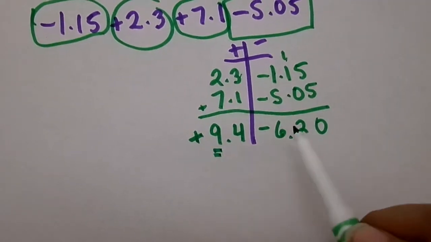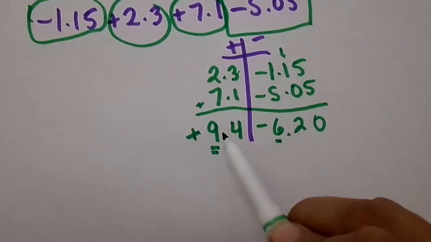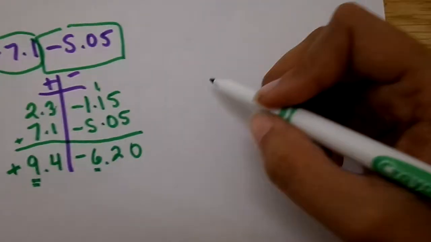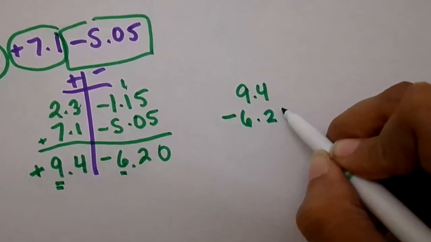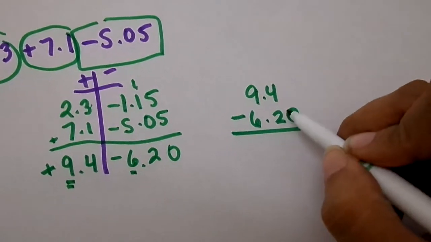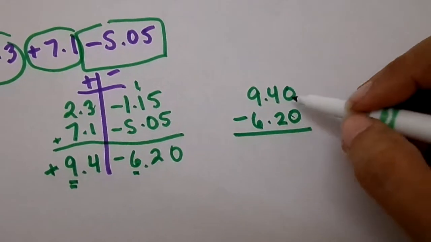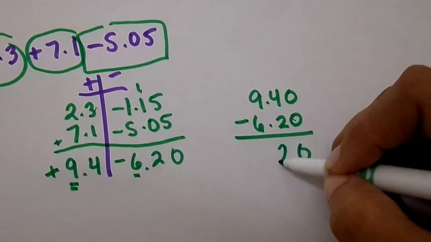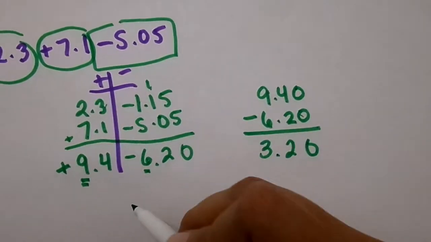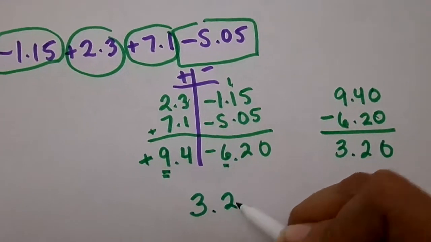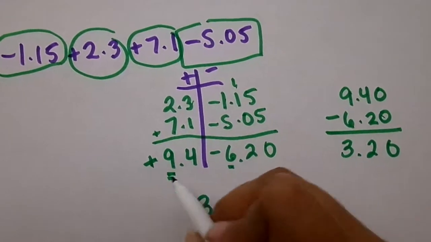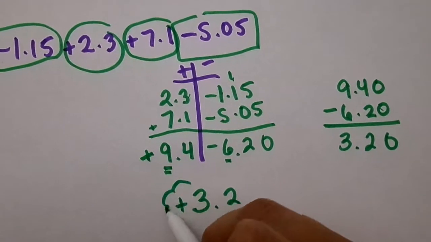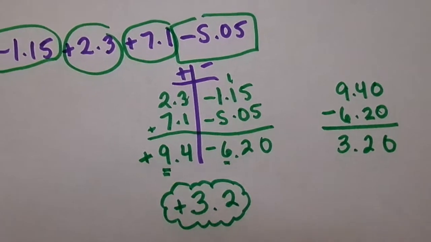This number is larger than this, so I'm going to subtract with this number on top. 9.4, subtract 6.20. I could actually leave the 0 off. Subtract, and I have a 0, 2, 3. So I have 3 2/10, or if I wanted to put the 0, 3 20/100. I have more positives, so I have a positive 3 2/10.